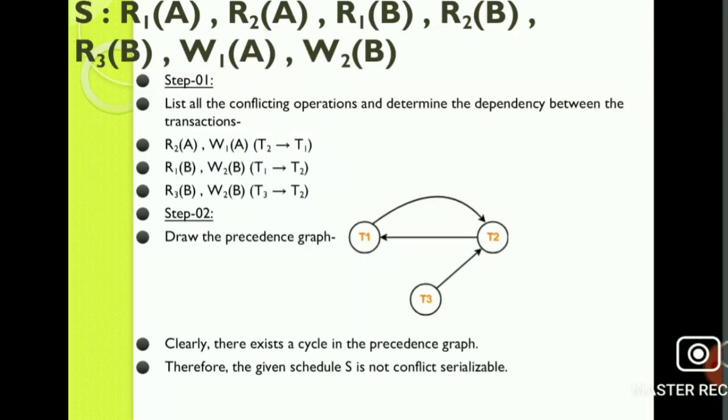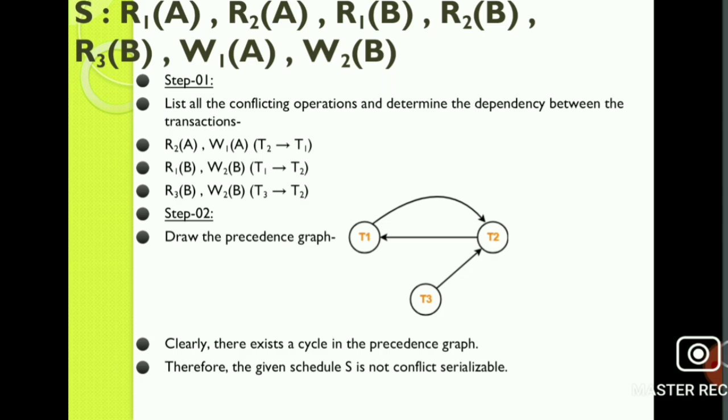So after listing out the conflicting operations, we have to draw the precedence graph. So the transactions are T1, T2 and T3. We have to draw the graph T1 to T2. Why?